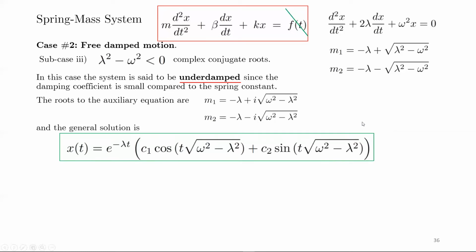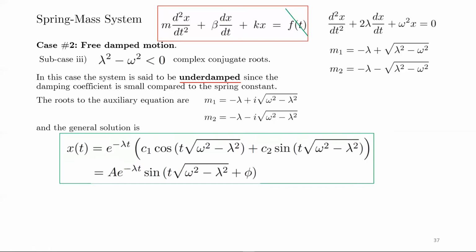And again, using that trigonometric identity from the last class, I can write this as the amplitude of the motion multiplied by e to the minus lambda t times sine of t times that imaginary part of these roots plus this phase angle phi. So this is very similar to case 1, in fact, where we had simple harmonic motion. But now, in case 1, basically lambda was 0.